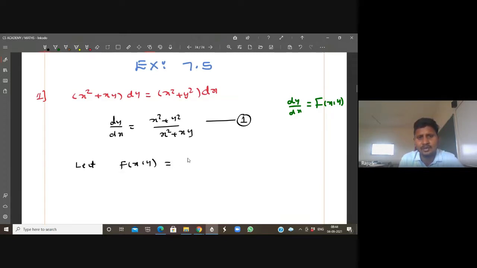Let f of x comma y be x square plus y square by x square plus xy. Now I am going to check f of lambda x and lambda y. Only for one question I'll write all the steps. From the next question onwards, I'll do the problem directly.